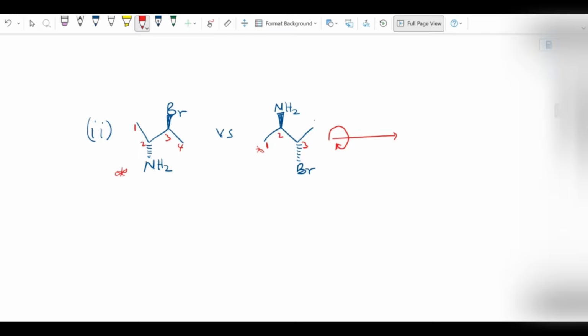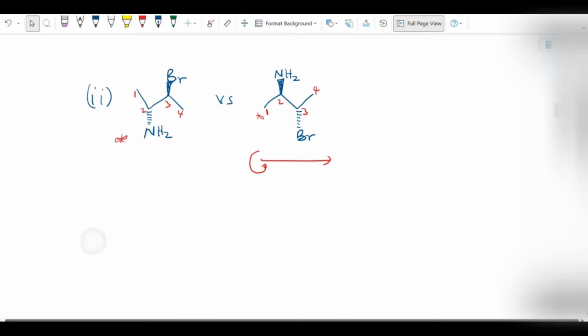It allows you to see things clearly. So if I flip it that way, then we're going to have this.